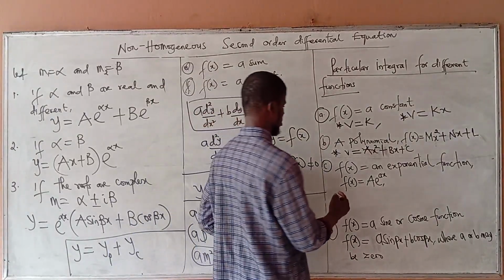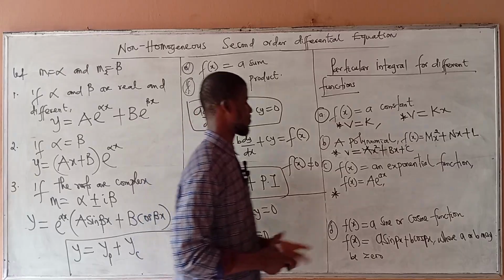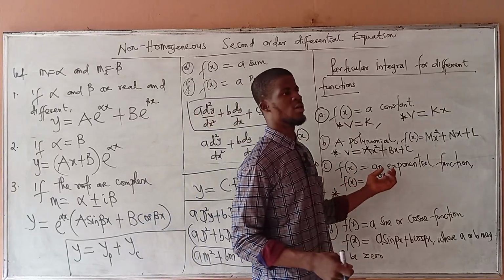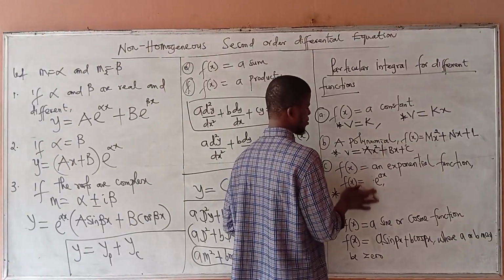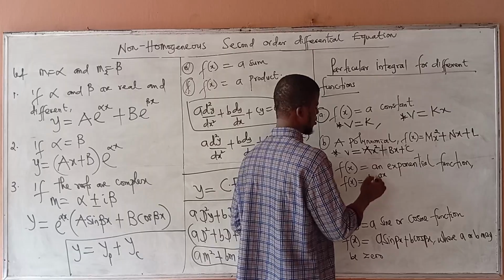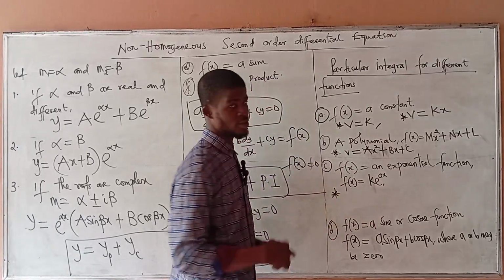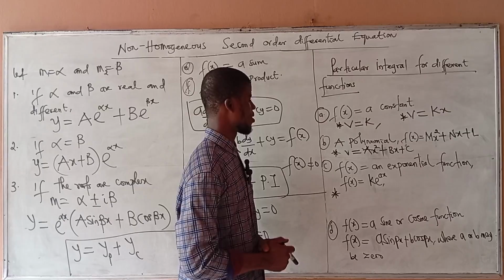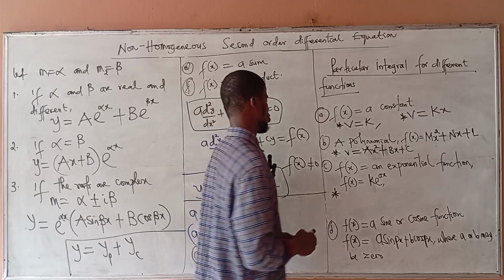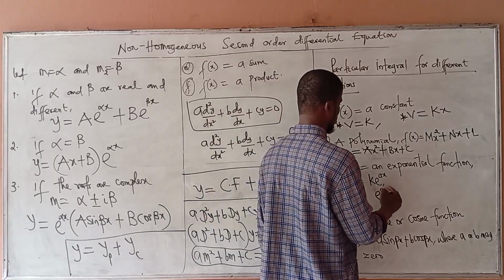Okay, let's see. If I have an exponential function, e to the power of ax, let me change this a to something else. Let's say k, so that the a here will not be the same as the one here. This is the particular integral. The particular integral is simple. Choose another exponential function, the same thing, e to the power of ax.